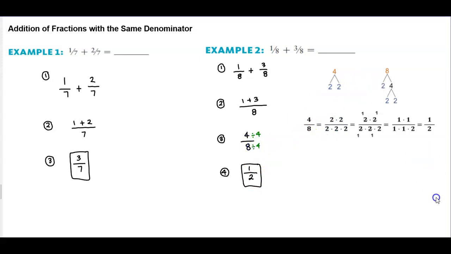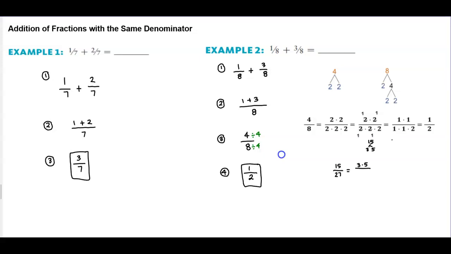So what I mean by that is, let's say if you had 15 over, let's say, 27. Then in that case, if you know the greatest factor, you can simplify. Otherwise, you would have to find the prime factorization. So just like I stated before, the prime factorization of 15 is 3 times 5.